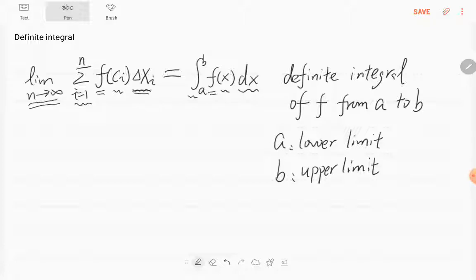So now let's look at some remarks for this definition.